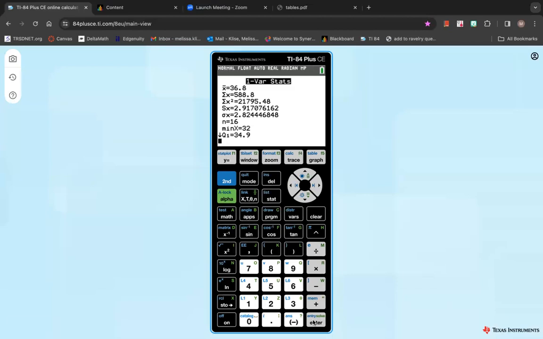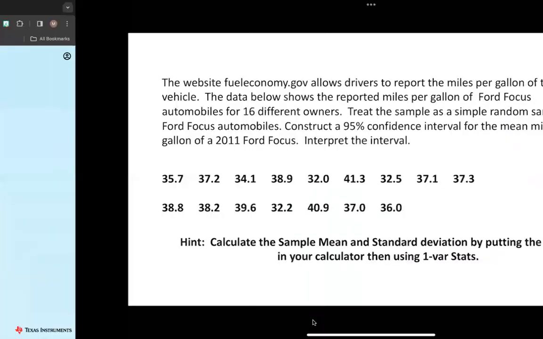So it's 2.92. Make sure you are grabbing the sample standard deviation and not the population. You want the SX. Does anyone need another moment or are we okay? Okay. All right, let's go back over here.